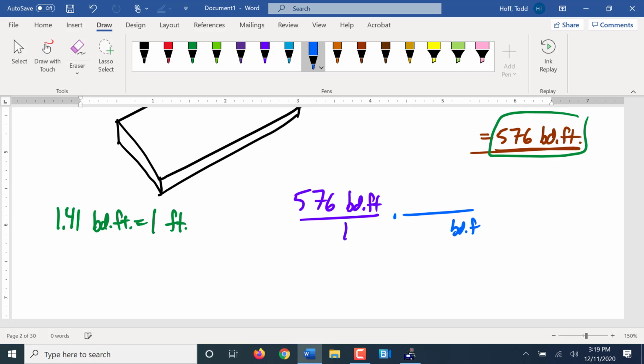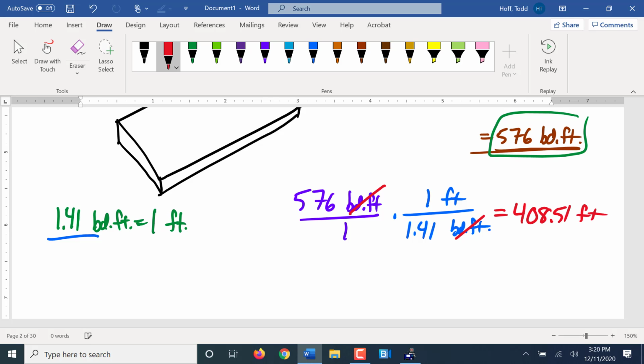We're going to get rid of the board feet, so we put board feet on bottom. It's 1.41 board feet per 1 foot. So the board feet cancel out. We take the 576 divided by 1.41 gives us 408.51 feet. So that's how many linear feet of that, technically 2 by 12 or 1.5 by 11.25 inch board we would need to do that deck.